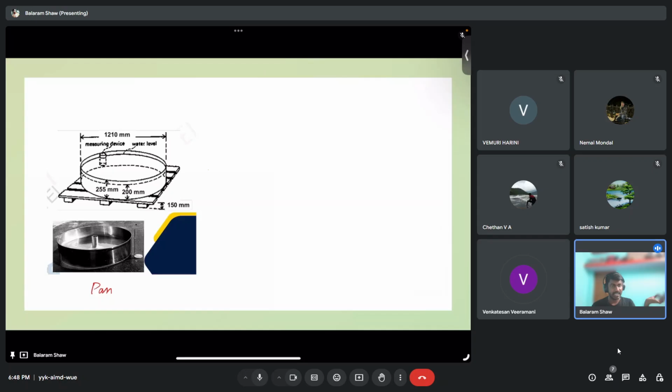These are GI sheets, which are unpainted. Below this evaporimeter we have one wooden platform above the ground level, around 150 millimeters above the ground. Why are we keeping this wooden platform? So that free air circulation can happen from the ground.